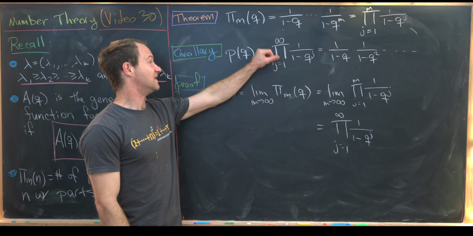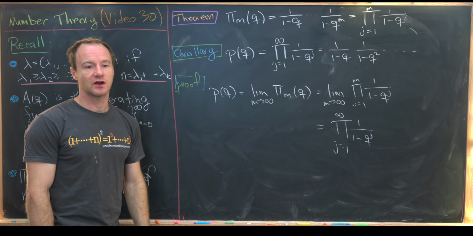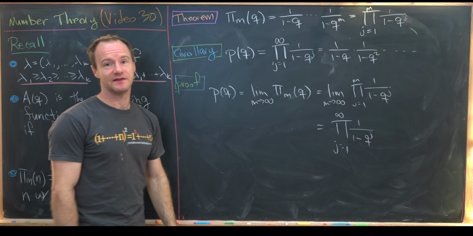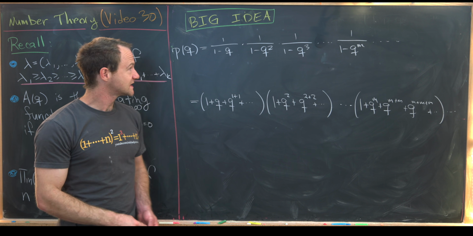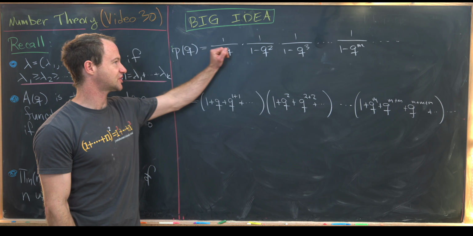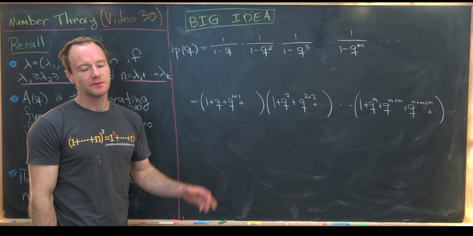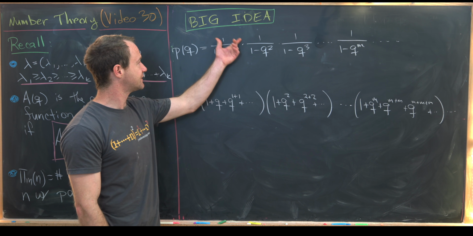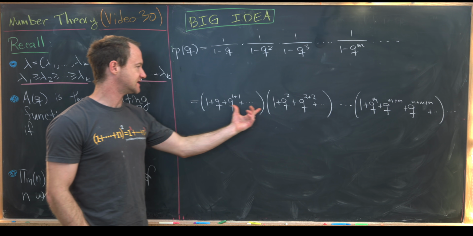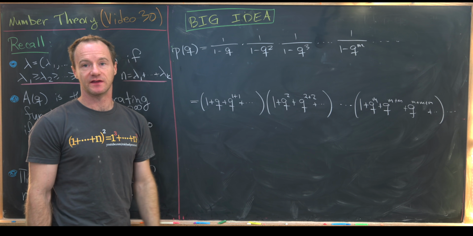So now that we've got this nice generating function for unrestricted partitions, let's see the big idea behind this generating function. So on the last board, we determined that the generating function for unrestricted partitions was this infinite product. But I want to recall that each of these rational functions here is really representing a power series like this.